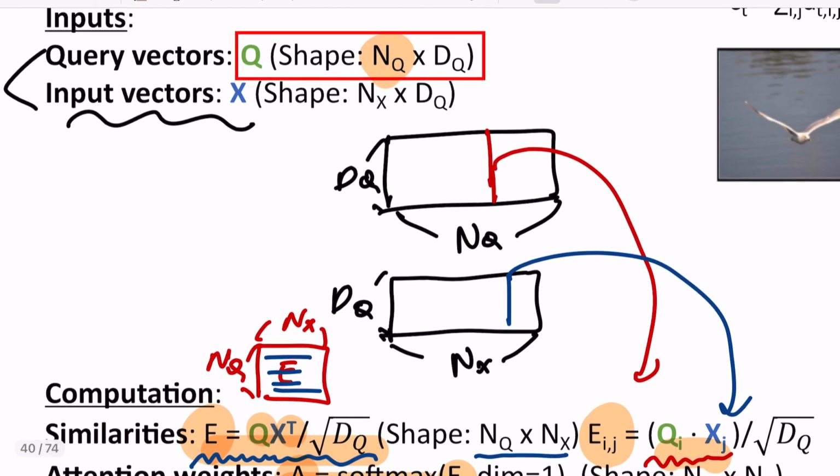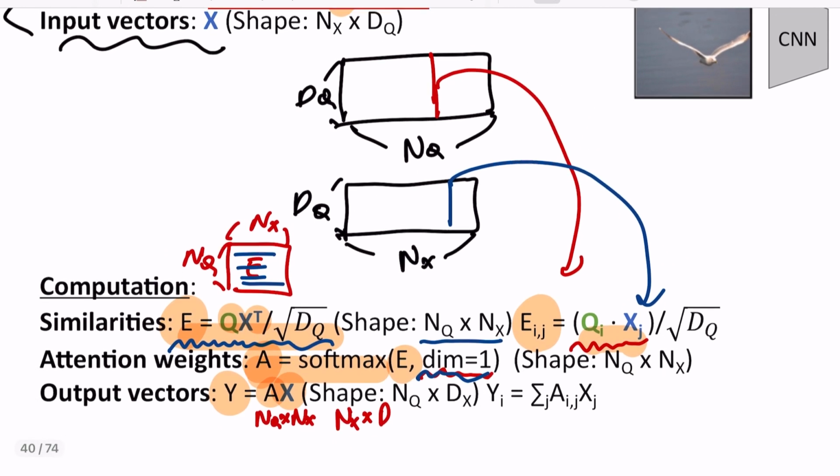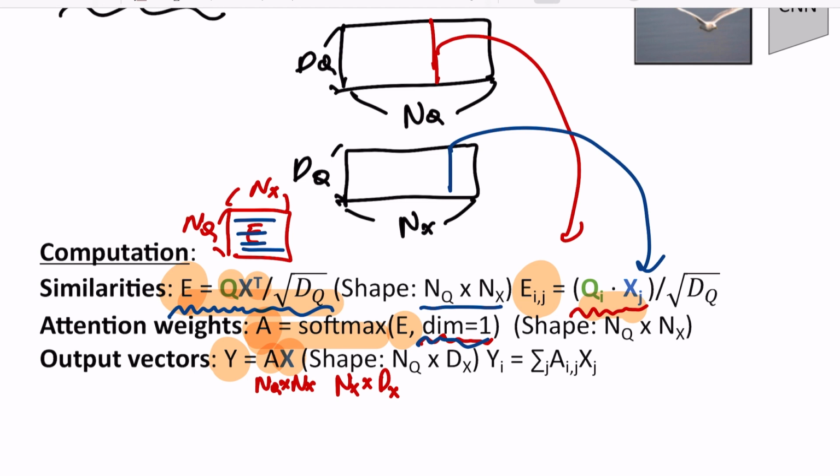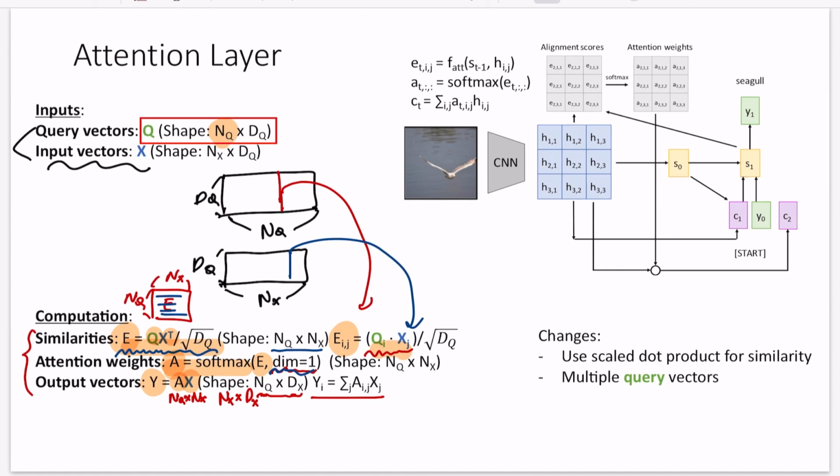Sorry, in this case the dq or dx, exactly the same. Then the size of y is going to be NQ times dx, which means NQ kinds of query vectors generate corresponding dx dimensional output vectors. Of course, this one is a weighted summation of the xj based on the a i comma j. So this is a vector form of the multiple query vector case.